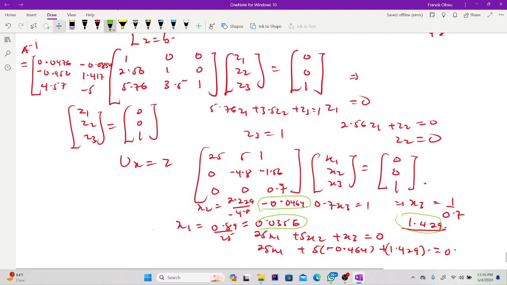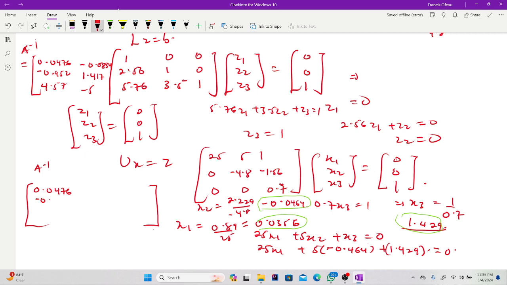So let me write finally my inverse. So the inverse, A inverse, is now equal to the big bracket. So I have the first column 0.0476, negative 0.952, 4.57. And I have negative 0.0834, 1.417, negative 5.